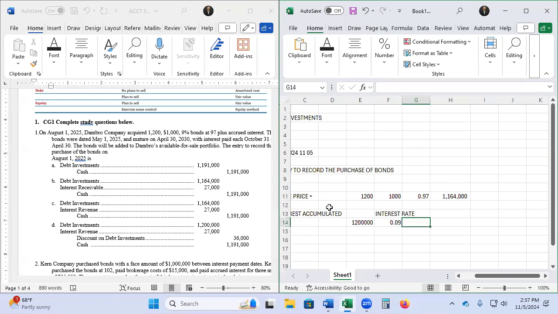So they bought it on August 1, 2025. So in between those dates, they have April 30th. So we have May, June, July for the months. And the interest is paid twice a year.